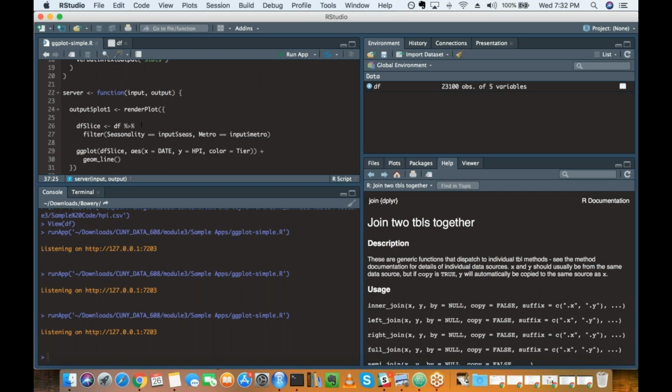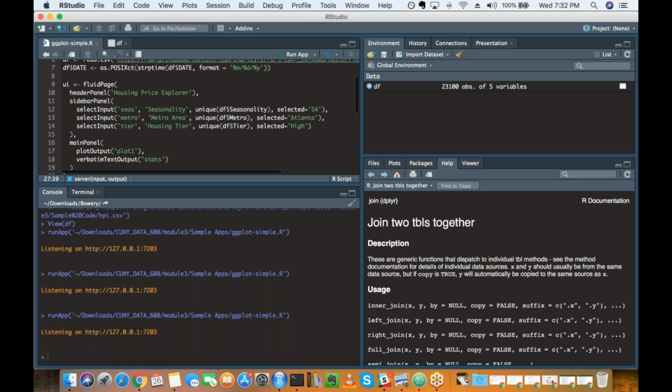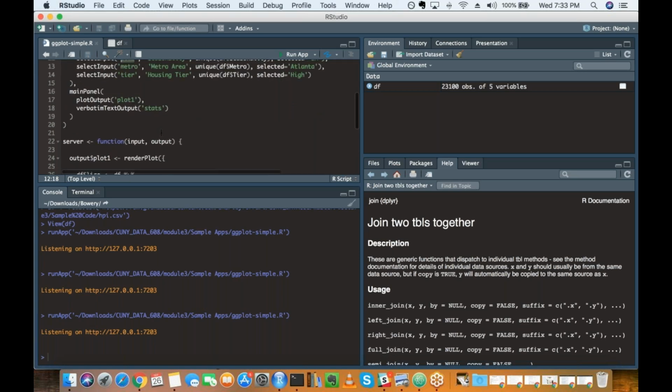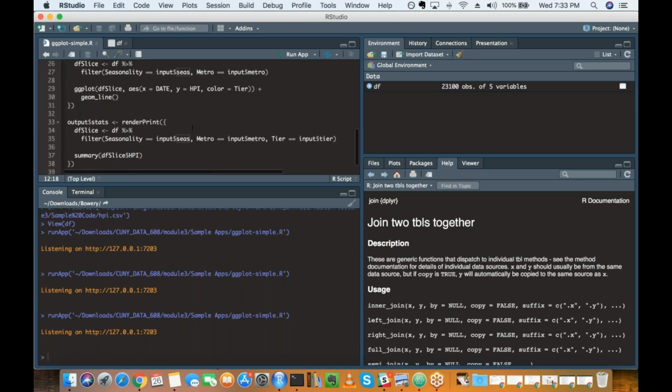So then let's look inside these. Using the plot as an example, I'm first slicing my data frame, and I'm accessing the input, tying these variables to the input. So this input seed is being tied to this select input tag right here, and same for Metro.